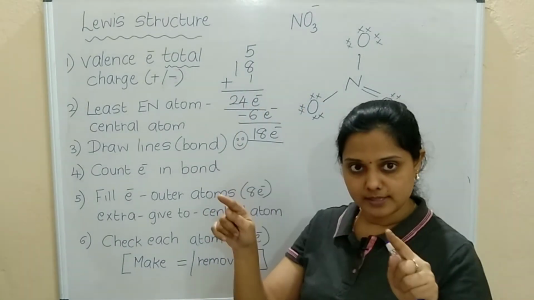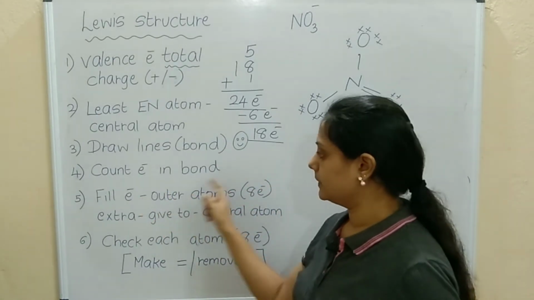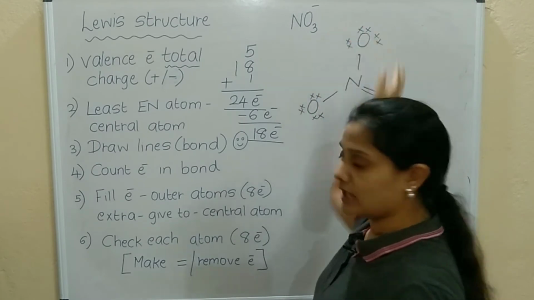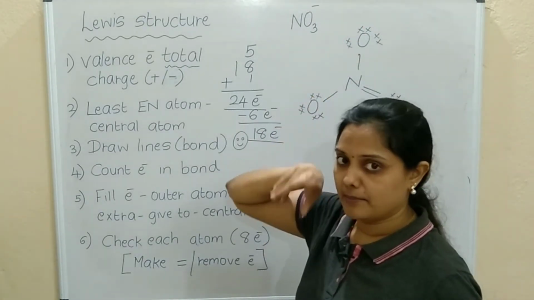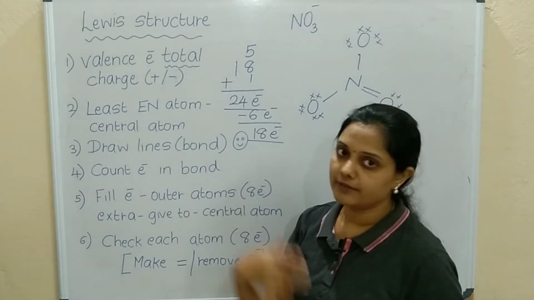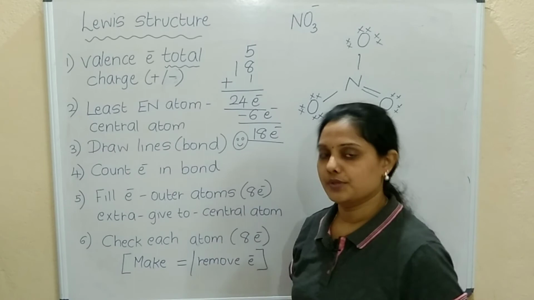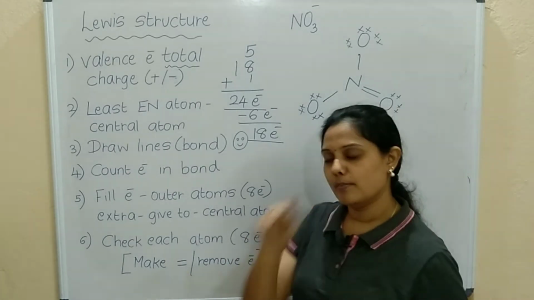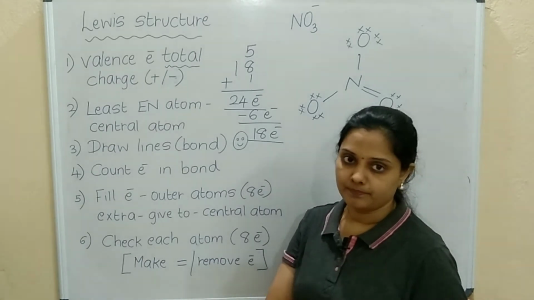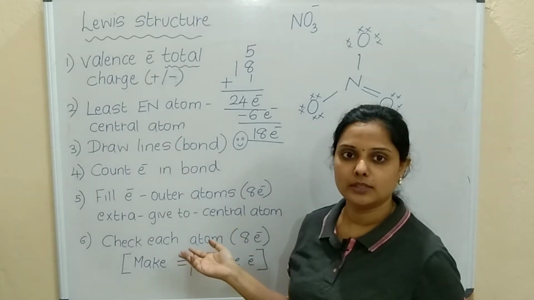Draw the bonds, subtract the electrons, then fill the outer atoms first with 8 electrons each. If extra remains, give it to the central atom. If the central atom lacks electrons, remove any 2 electrons from an outer atom and form a double bond with the central atom. Hope this is a clear and easy way to draw the Lewis structure.